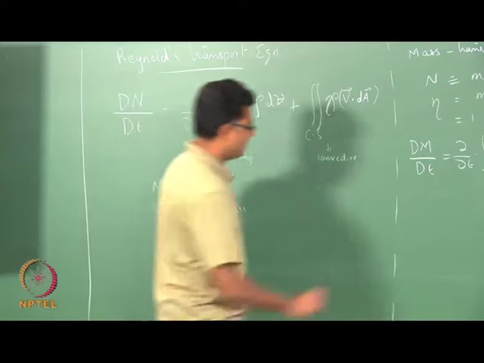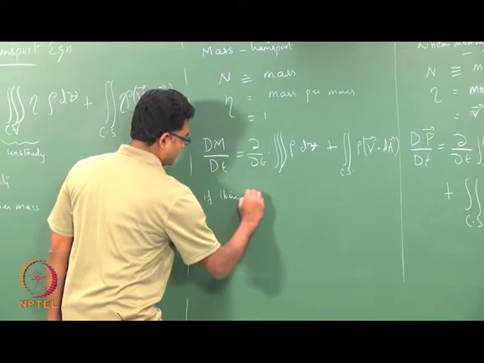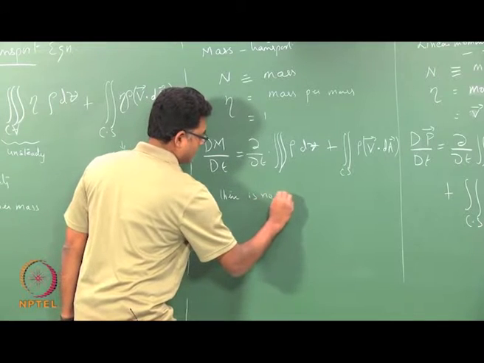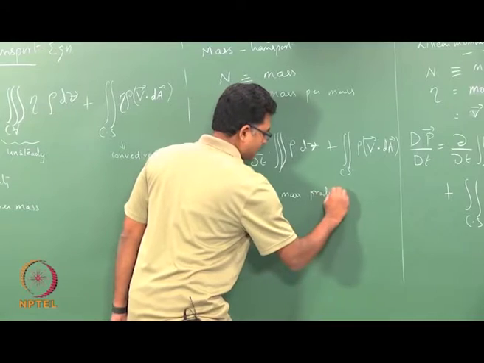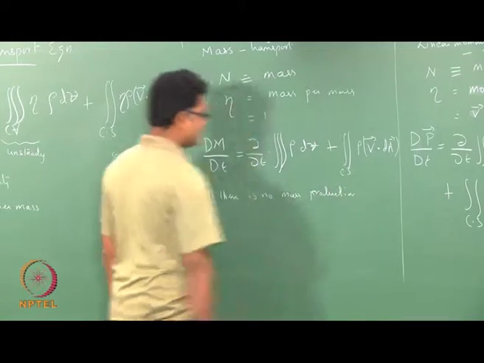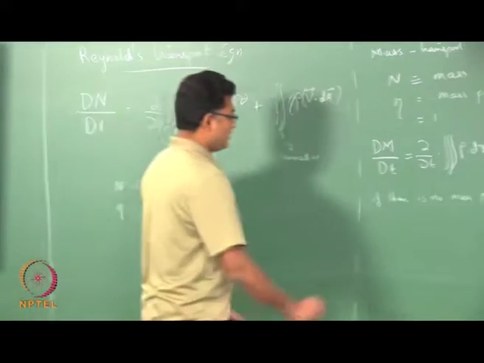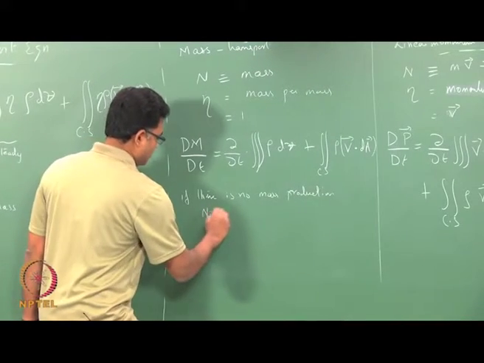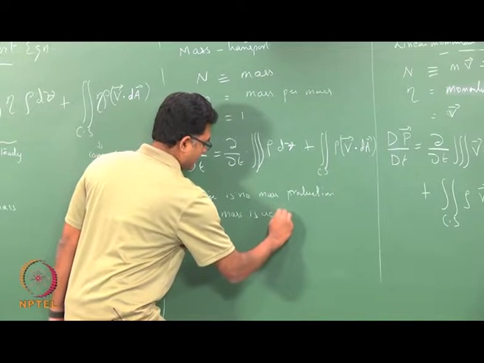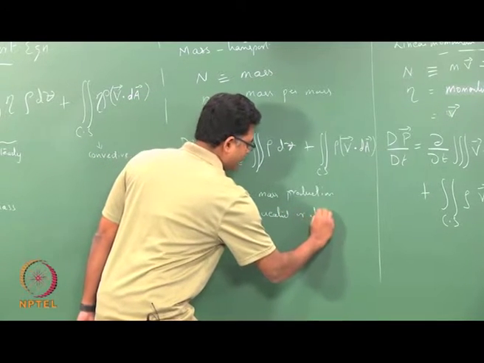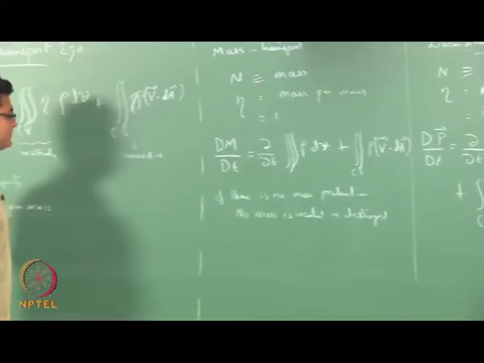If there is no production of mass or conversion of mass into energy and other things, we will conveniently assume no mass is created or destroyed within the control volume.